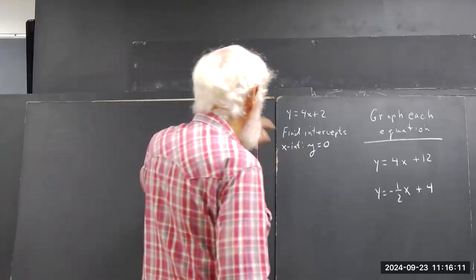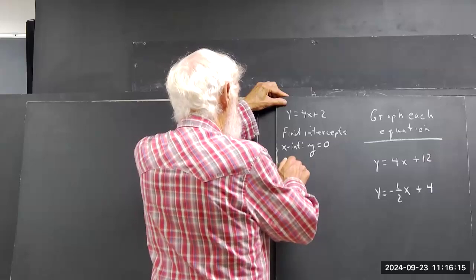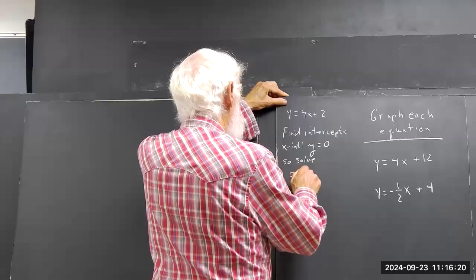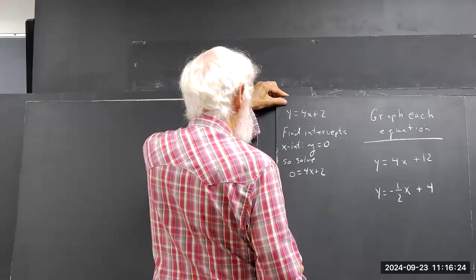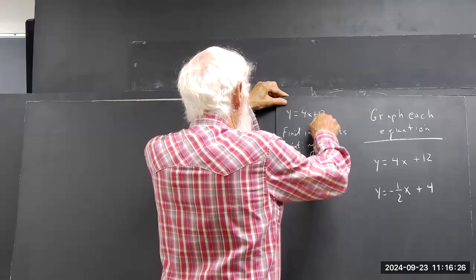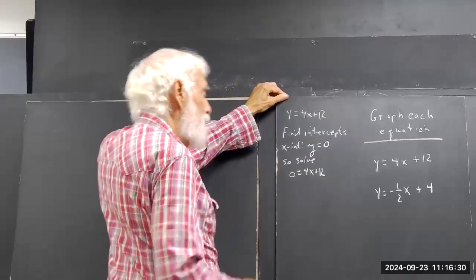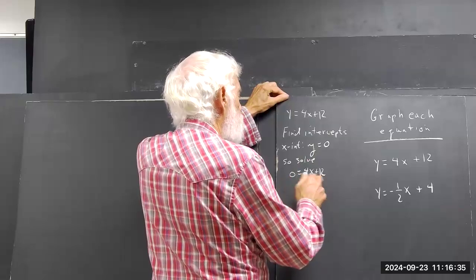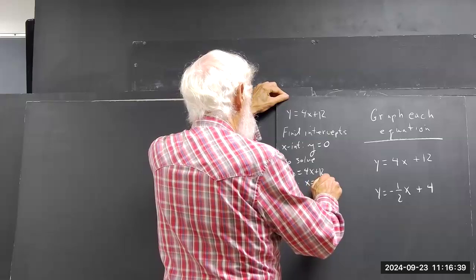So the x-intercept occurs when y equals 0. So we solve 0 equals 4x plus 2. And you want to do the steps.